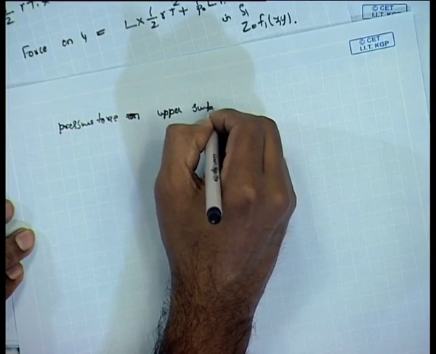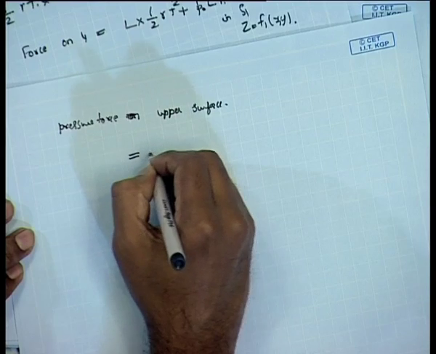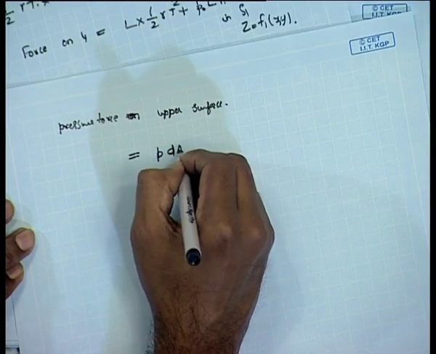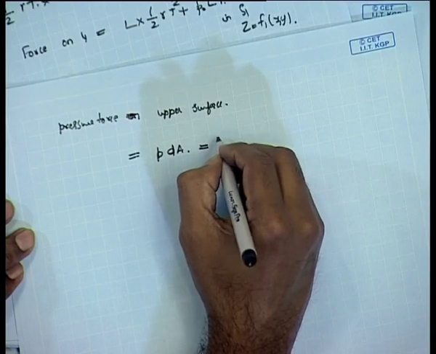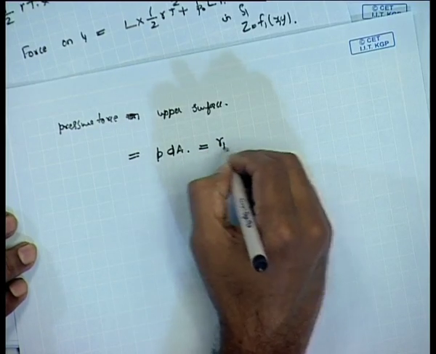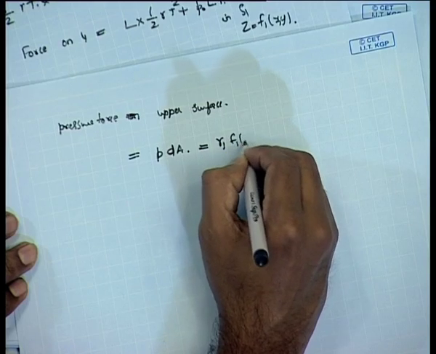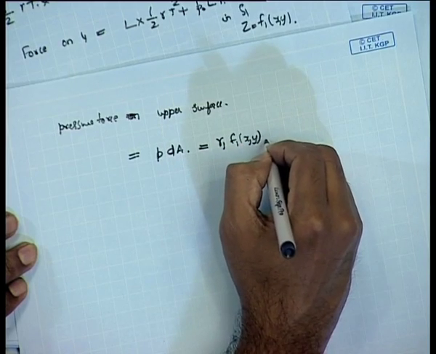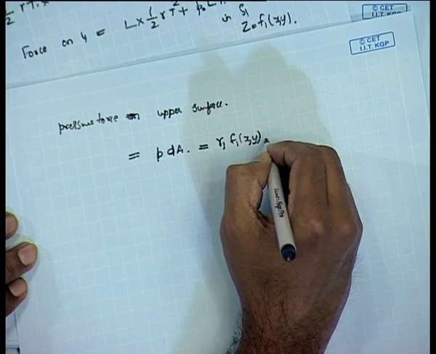The pressure force on the upper surface is equal to P dA, which equals gamma z dA. Pressure is gamma z, so gamma F1 of x y will give you the pressure on the surface, times dA.